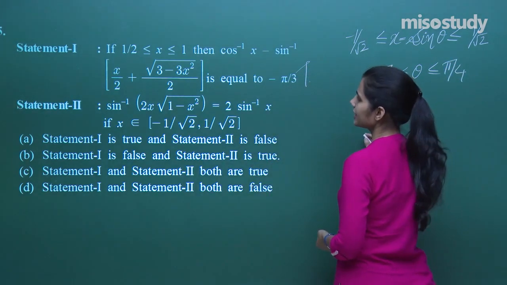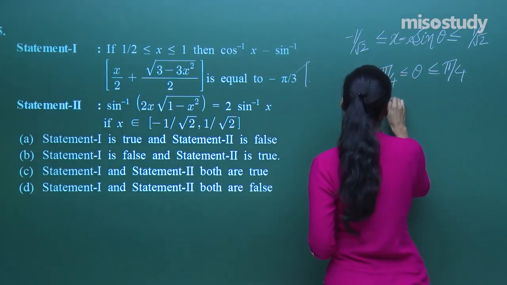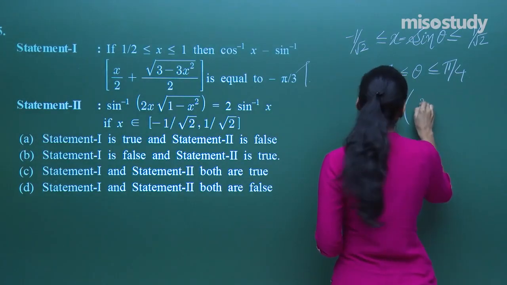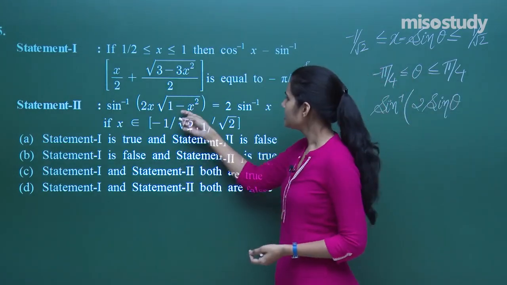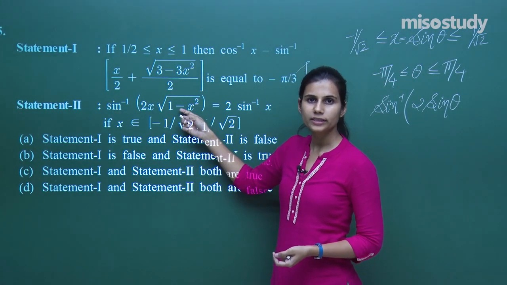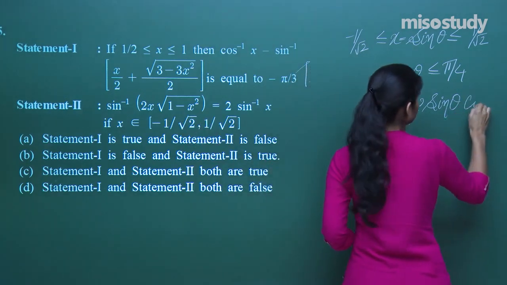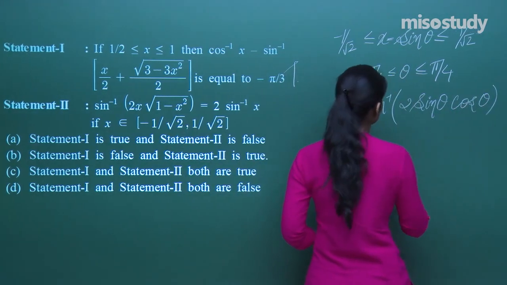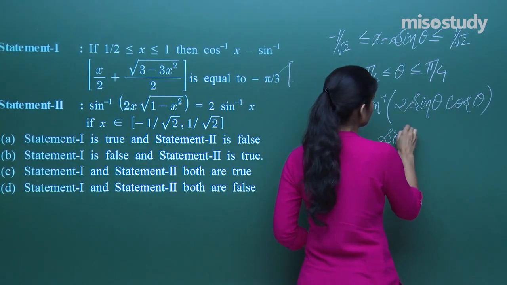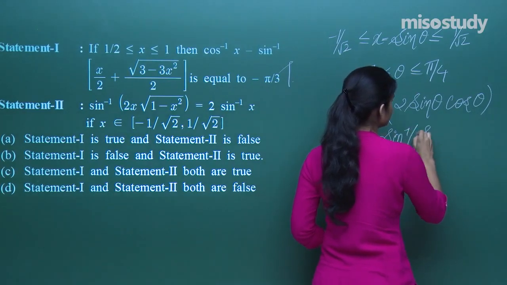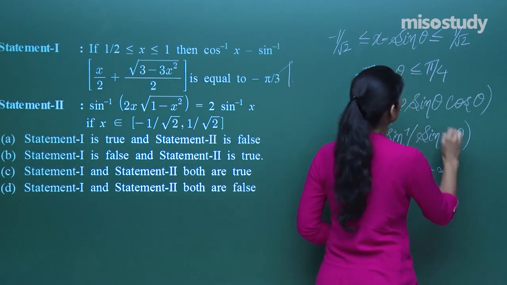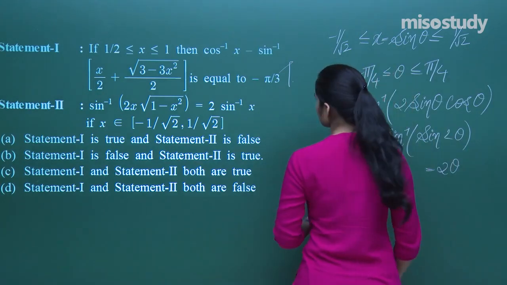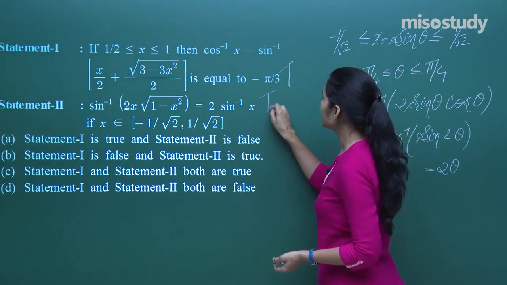So over here I am left with sine inverse of 2 sine theta into under root 1 minus sine square theta, which is under root cos square theta, which is cos theta. So this becomes sine inverse of sine 2 theta, which is 2 theta, and theta is sine inverse x. So this gives you 2 sine inverse x.